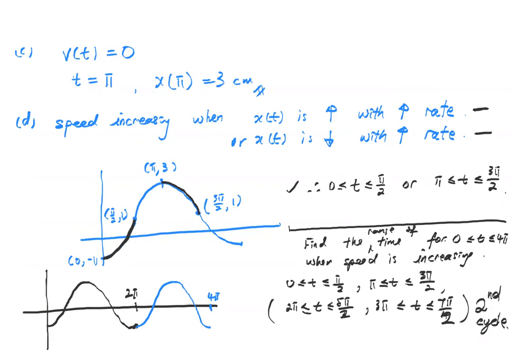Isn't it from pi to 3 pi by 2? Isn't the gradient becoming steeper from here? Put your pencil there, put your pencil here, put your pencil here. Isn't it called becoming steeper?